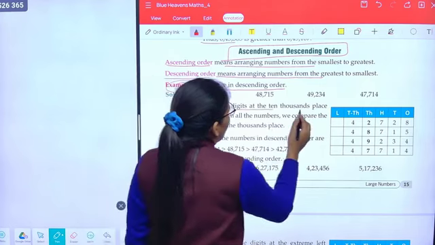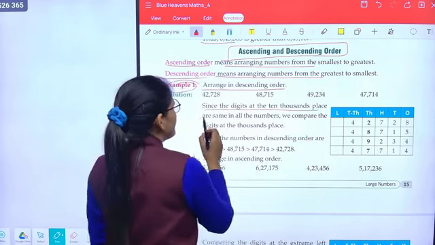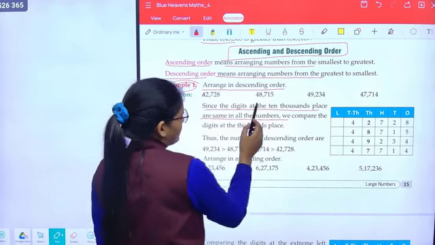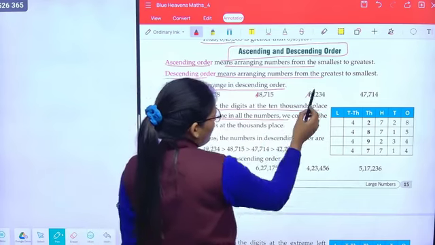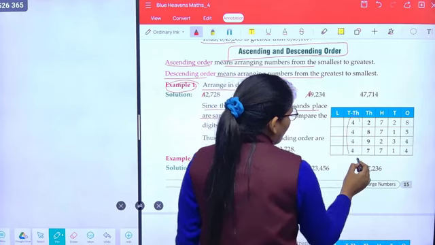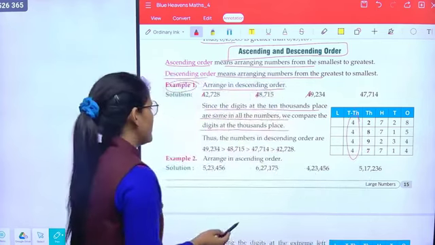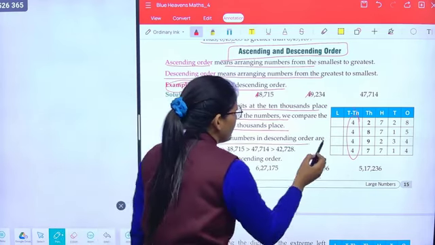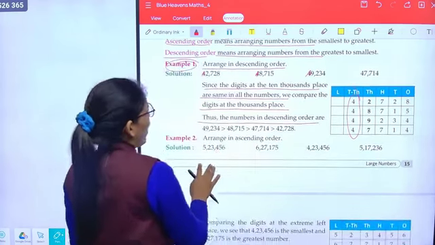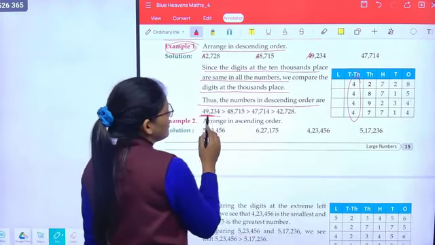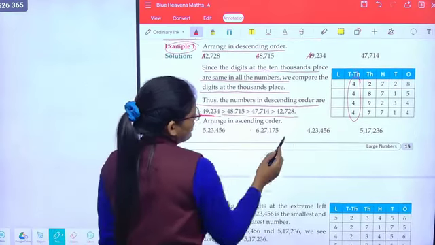Since the digits at the 10,000 place are the same in all the numbers, see, 4, 4, 4, understand? At the 1000 place. Thus, the numbers in descending order are, see, 49,235, like this.